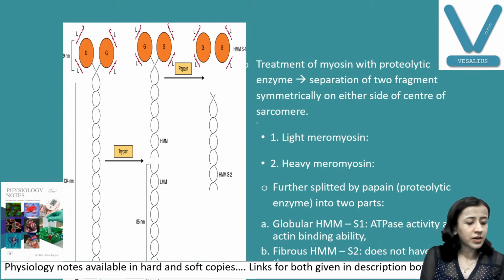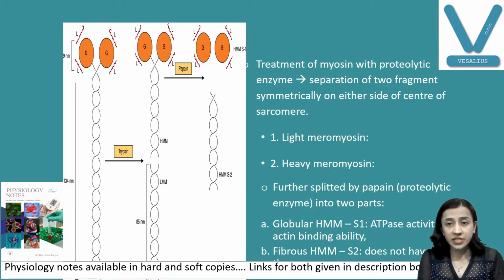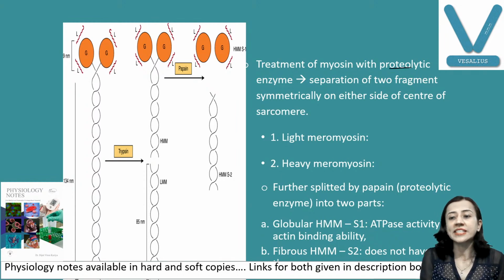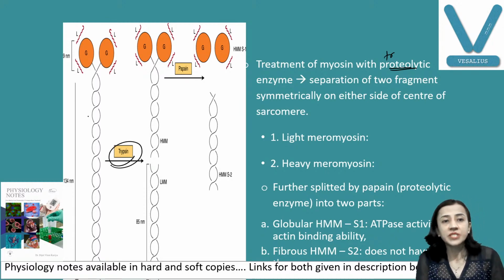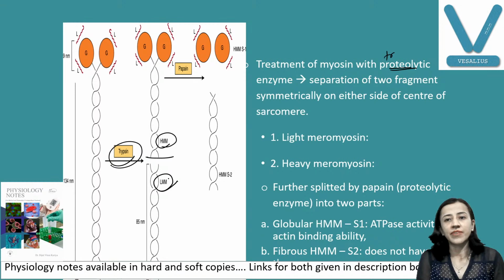Now here your meromyosin has come. When the myosin molecule is treated with a proteolytic enzyme, commonly trypsin, you can see here this one. So when trypsin is used on this myosin molecule, you can see here HMM and LMM, they are divided.